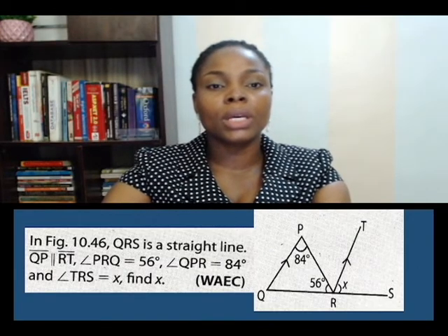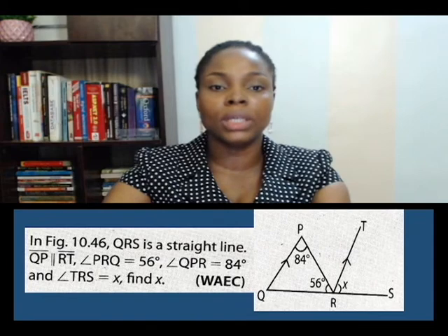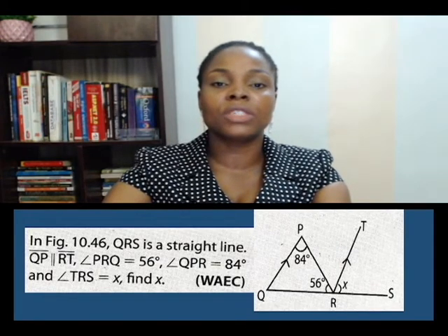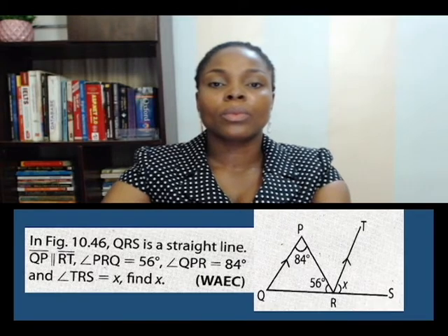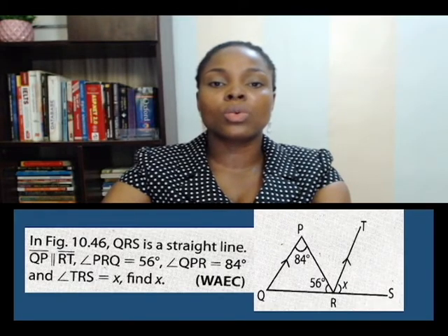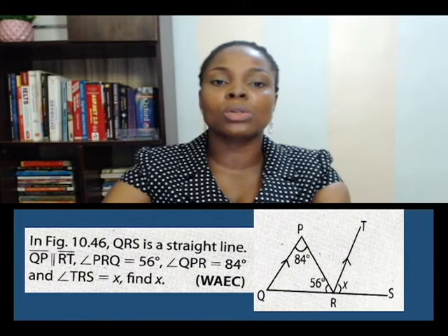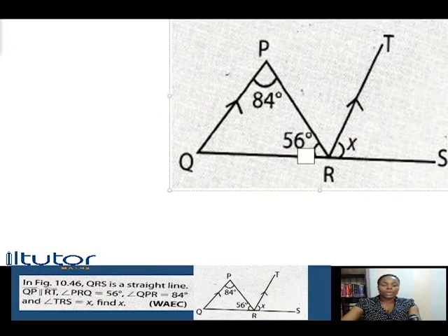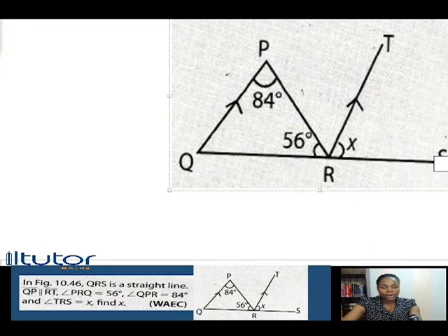Line QP is parallel to line RT. Angle PRQ is equal to 56 degrees, and angle QPR is equal to 84 degrees. Angle TRS is equal to X. Find X.